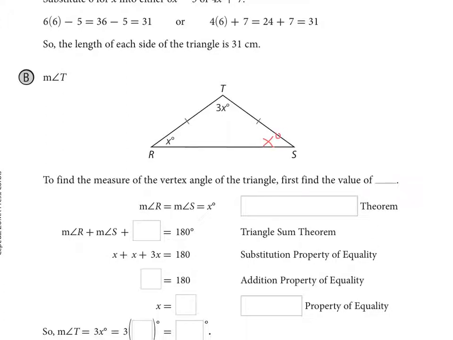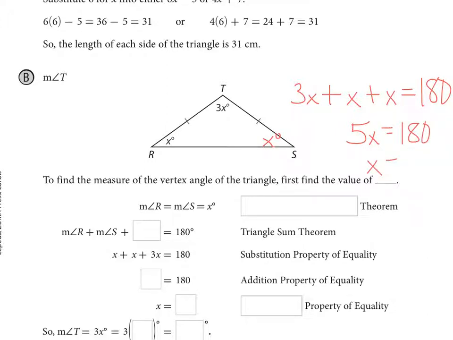It has to be the same as angle R. And I know that 3x plus x plus x, all three angles of this triangle, have to equal 180 degrees, don't I? So that becomes 5x equals 180. And so x equals 36.